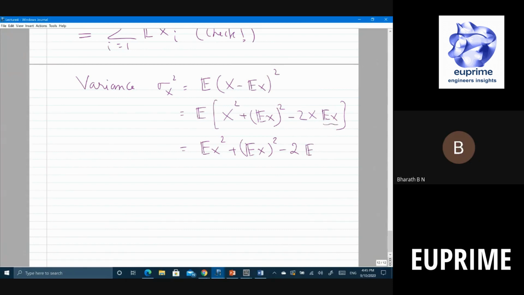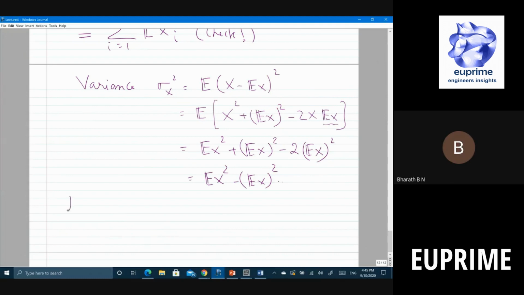This is a constant. So the expected value of alpha x is alpha times the expected value of x. That's because the integral is linear. So this is the expected value of x squared minus the expected value of x whole squared. You remember this, okay? Everyone knows this, right? So the variance is the second moment minus the mean square. You subtract the mean square from the second moment. That is the variance.